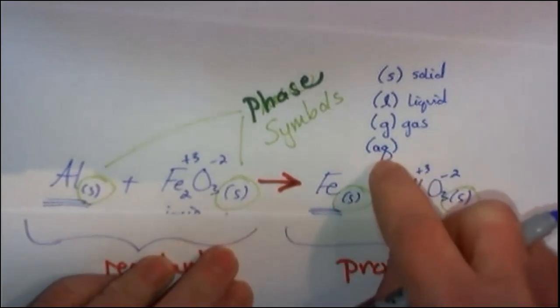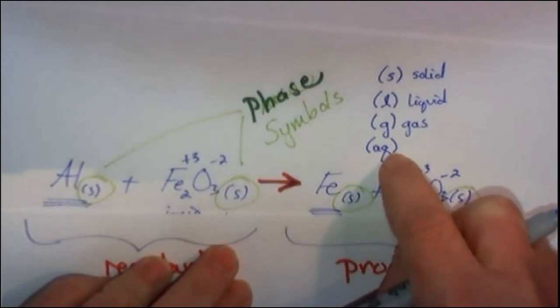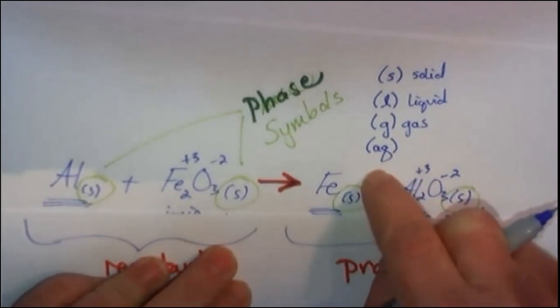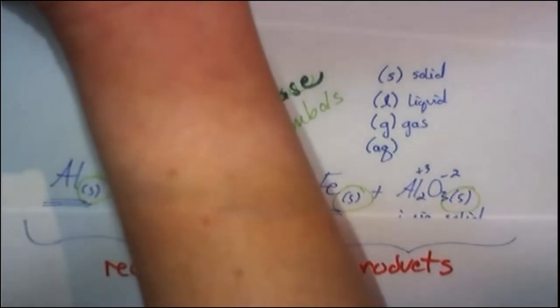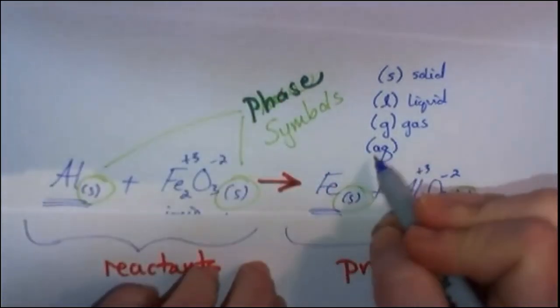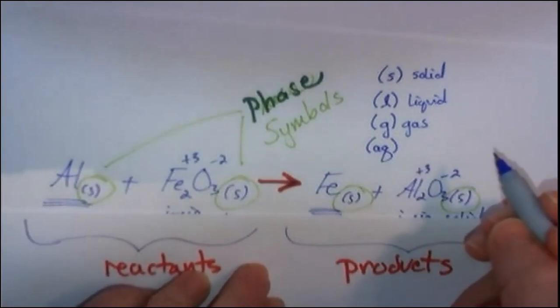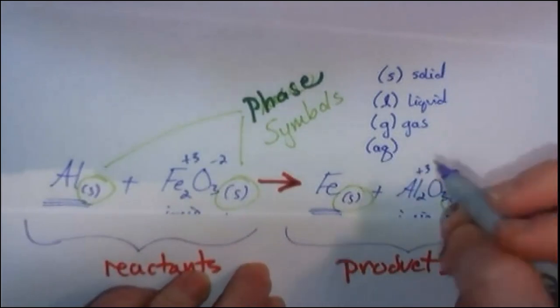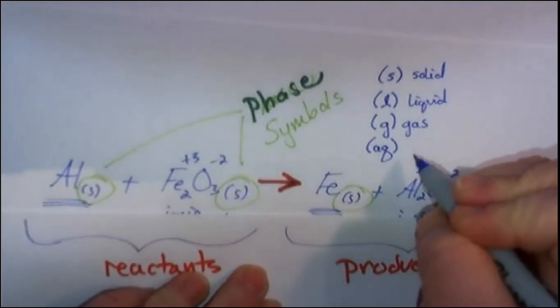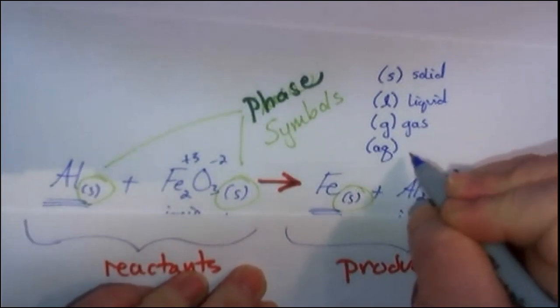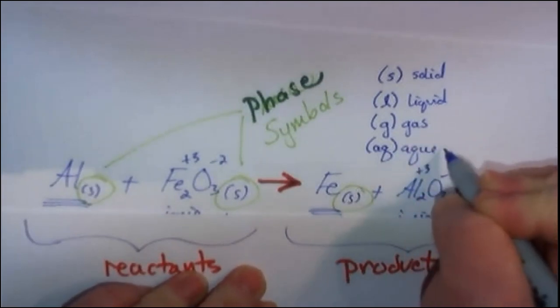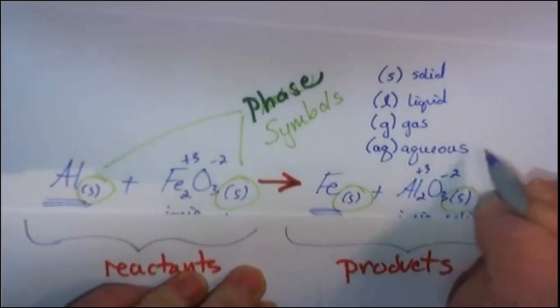A very common phase that we will see a lot in chemistry is AQ. Dylan, do you have a prediction as to what AQ can represent? I do not. Who do you think might? Maybe Matt. Aqueous. What does that mean, sir? It's like the reaction occurred in water.